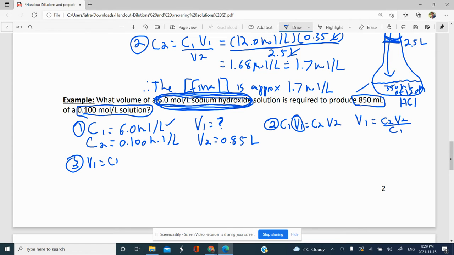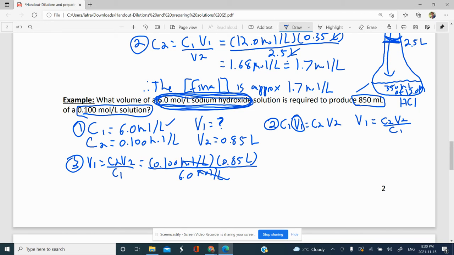V1 is equal to C2 V2 over C1. And we get 0.100 moles per liter multiplied by V2, which is 0.85 liters, over the C1, which is 6.0 moles per liter.